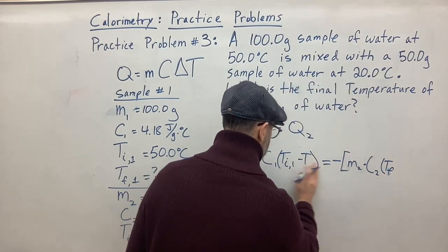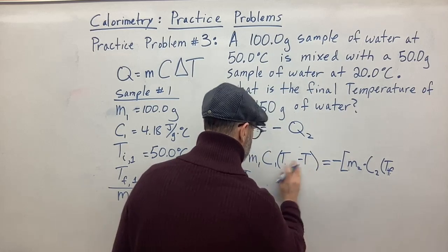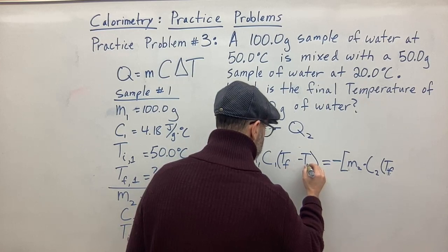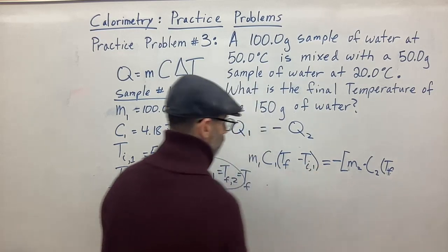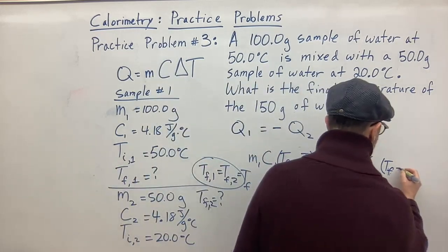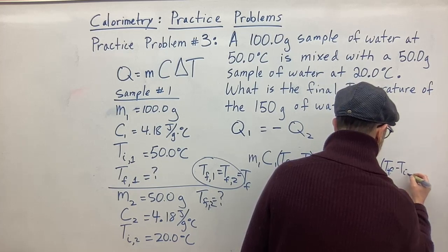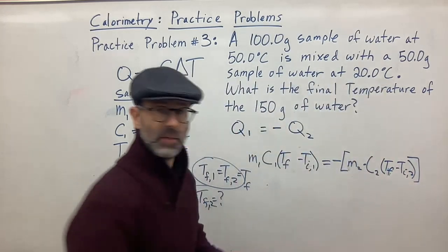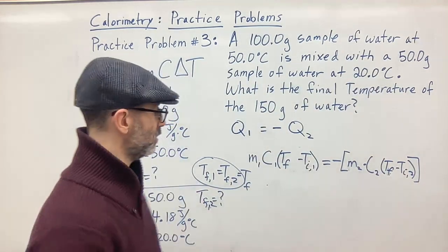Oops, I mixed these up. So it should be T final minus T initial for the first sample, and then T final minus T initial for the second sample. And so there's our equation.